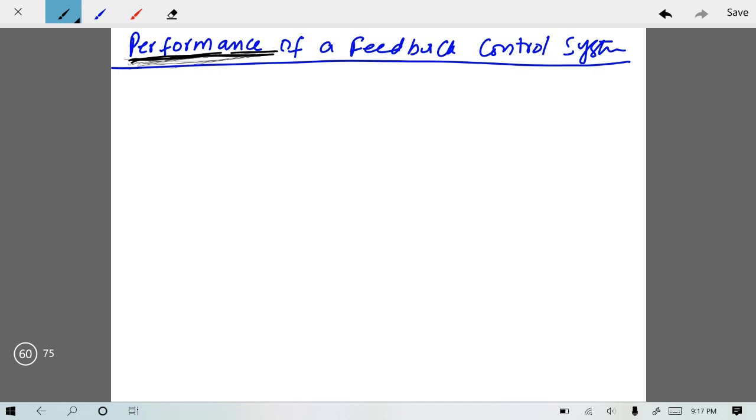In industry, when we ask which plant is bigger, the answer is not in the size. You cannot say that fertilizer plant A is bigger than oil field B. You cannot conclude it because the size of an industry depends upon the number of IOs, the number of inputs and outputs.